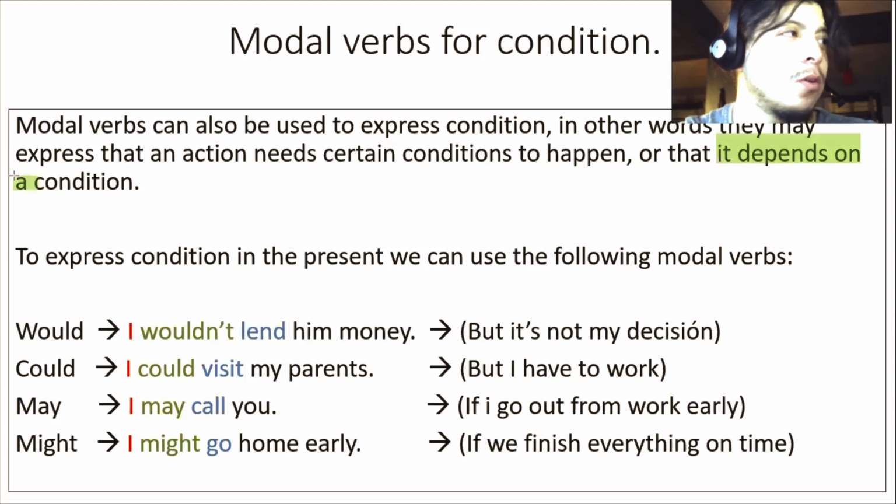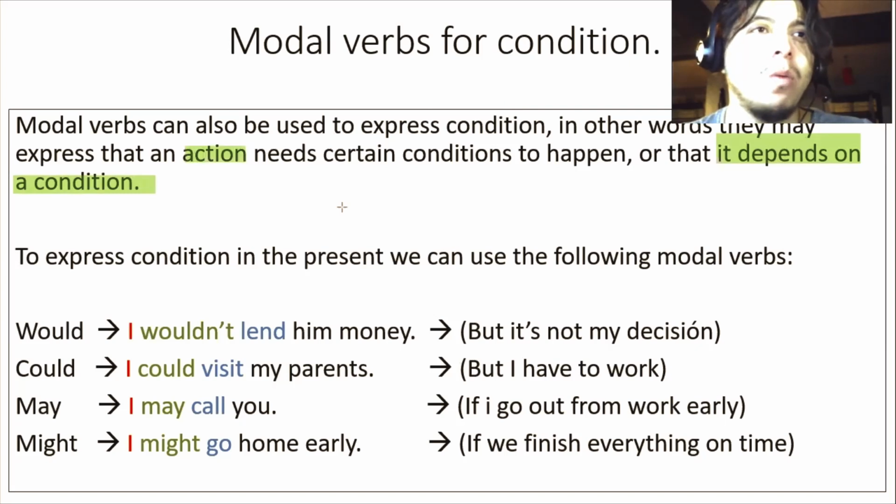So this is the important part. There is an action that depends on a condition. So whenever you say something with a modal verb of condition, you are saying that the action of that sentence is dependent on something else. I mean, it's not a guarantee, it's not for sure that it's going to happen. What you're saying is that there is a condition.